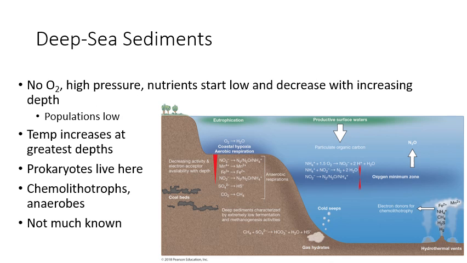Beneath the deep sea, you have the deep sea sediments, which is just the ground underneath the ocean. So there is no oxygen here. Out of all the environments that we've gone through, this is kind of the craziest. There's no oxygen at all. The pressure is very high.